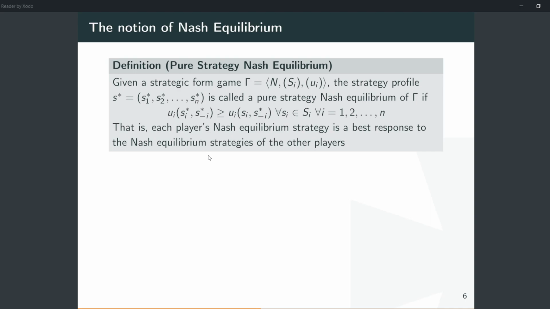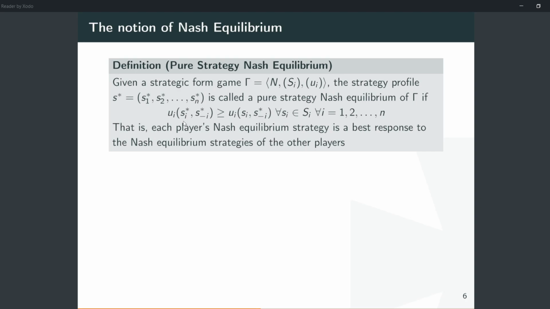So this is also called a best response. If we are considering player 1, and S2*, Sn* is denoted by S minus 1 star, then what will be the strategy for player 1? In a Nash equilibrium, that strategy has to be the one that generates the maximum payoff, the best response.